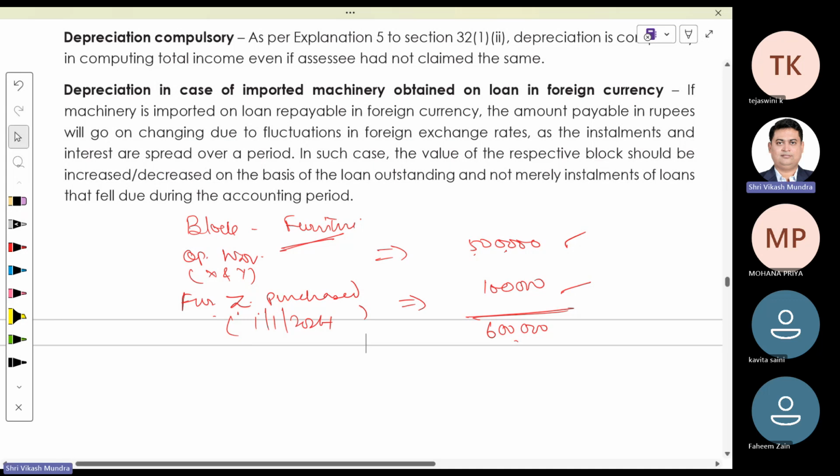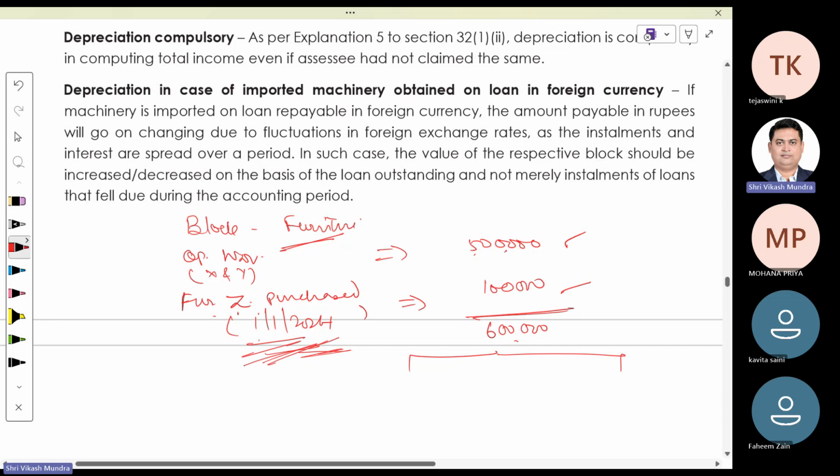Okay, I am solving it again for you. Since here the asset was acquired and put to use during the previous year for a period that does not exceed 180 days, it may be a maximum of 90 days. Don't you think so? From 1st January 24 to 31st March, it is only 90 days. For this year, we shall charge depreciation in two parts.